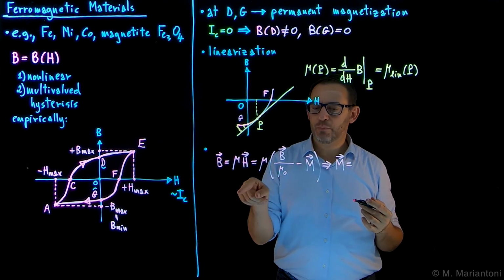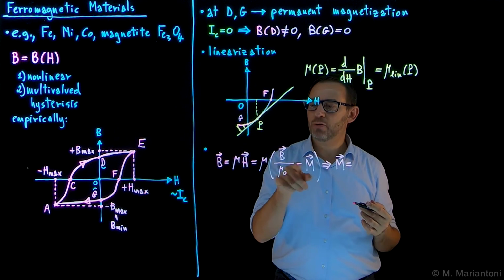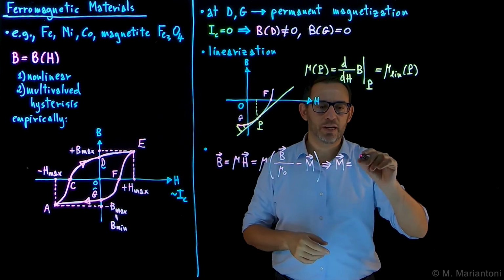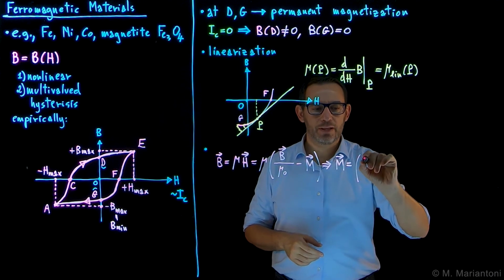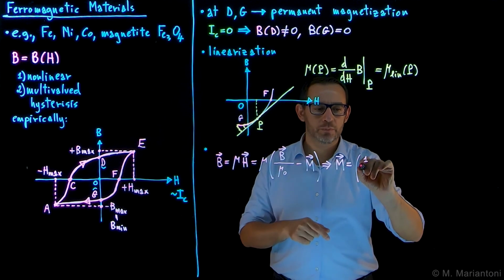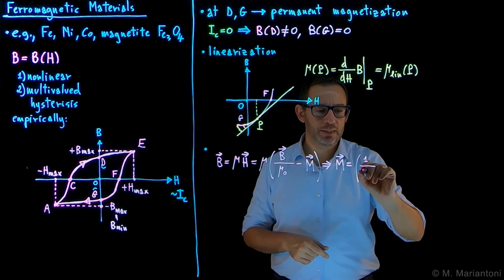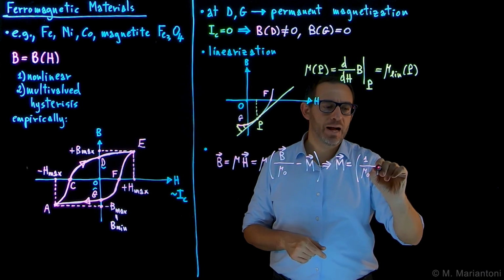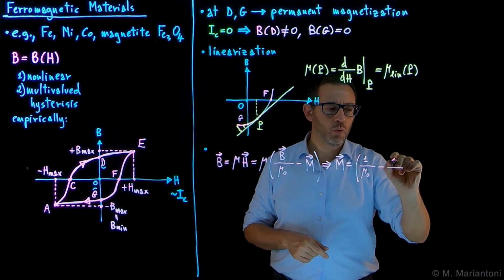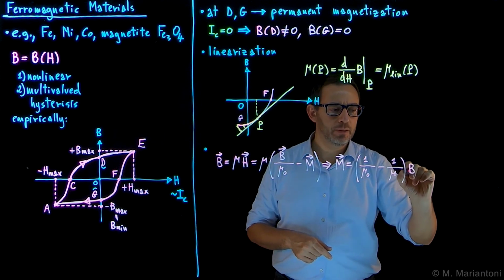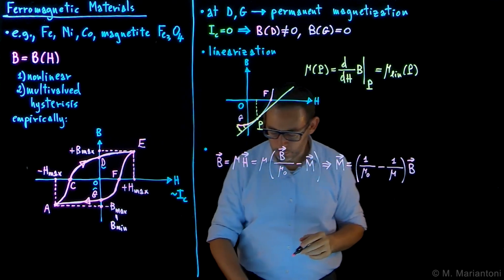And so we divide everything by mu. So we have that minus M is B over mu minus B over mu naught, so I invert the signs, and I can factor out 1 over mu naught, which when I bring on the other side is negative but becomes positive with this minus here, minus 1 over mu times B. Okay, very important relationship.